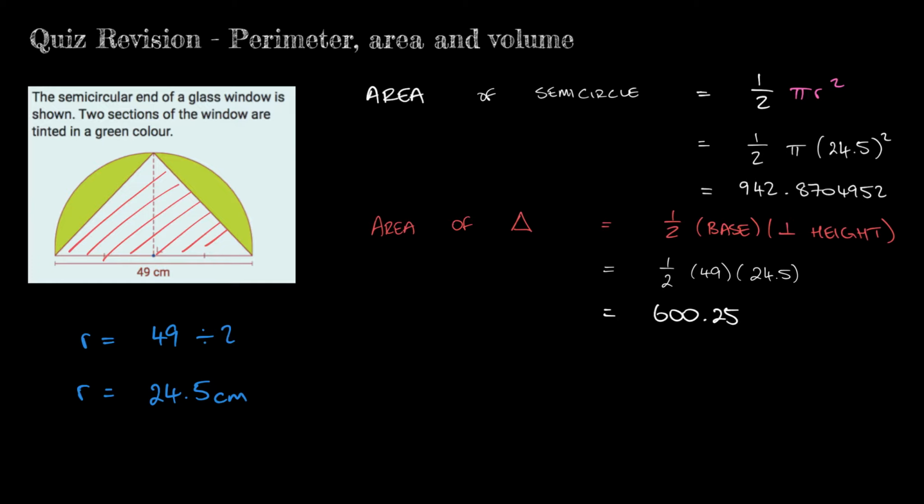So the last part is the area of the green section. So the area of the green part is going to be the full amount, which is 942.8704952, minus 600.25.